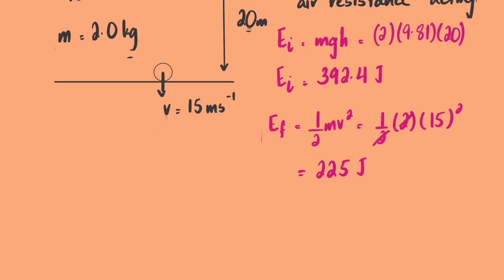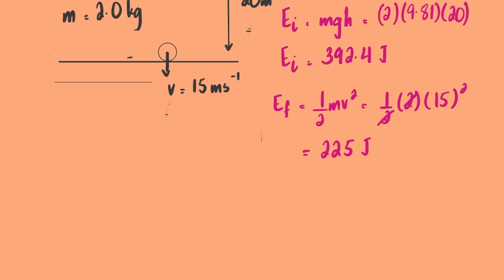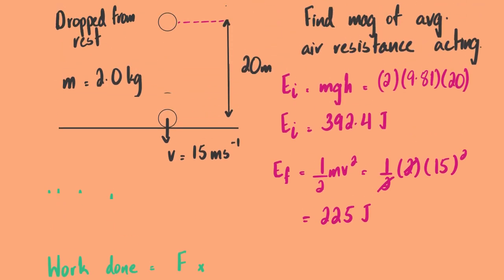Obviously, the initial and final energies are not equal. That means that energy is lost. That loss in energy is because of the work done against the air resistance, assuming it has a constant magnitude, which usually it does not because the speed would be changing. So that is F, and the distance it acts through, as the object falls downwards, is 20.